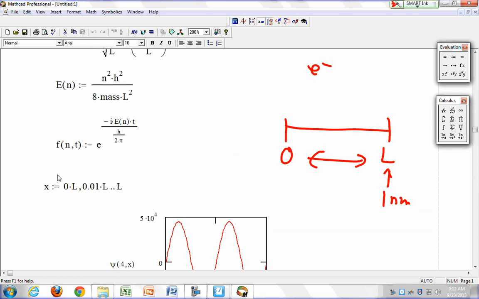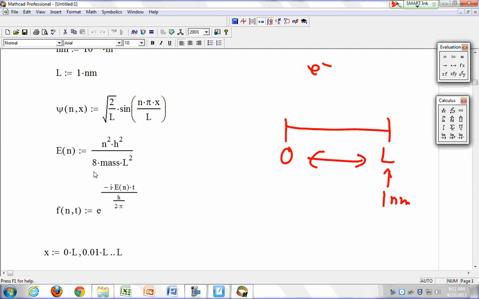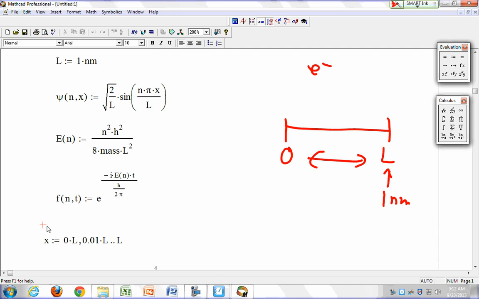Now, what's the overall wave function though? It's little psi times big F, right? So let's define the overall psi. Capital Y, control G makes it uppercase psi, the Greek letter for Y. This would be for the nth quantum state, and it will be dependent on x and time, right?